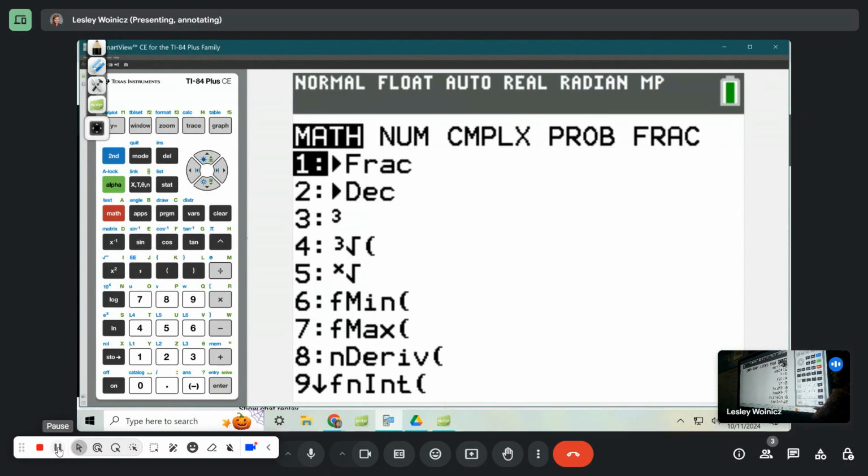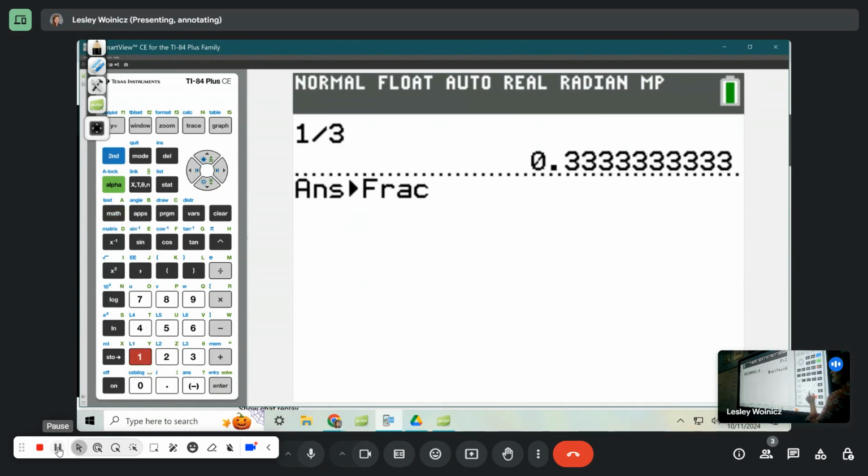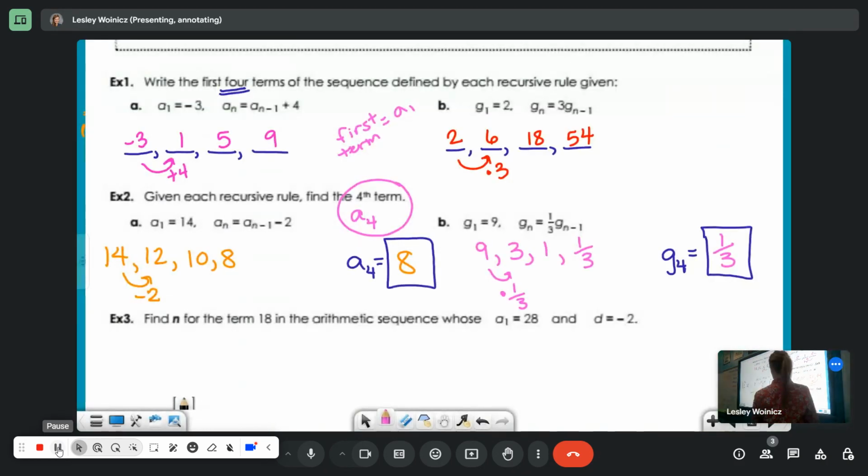A fraction. So which one am I going to pick from the menu? 1. Okay, so now I've selected the command from the menu. I haven't issued the command to the calculator. What button do I still have to push? Enter. Easy as pie.